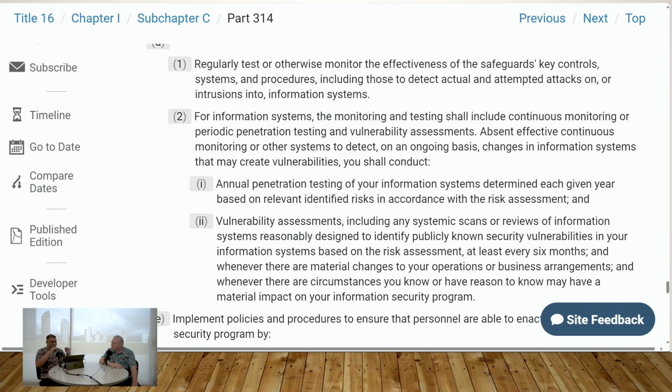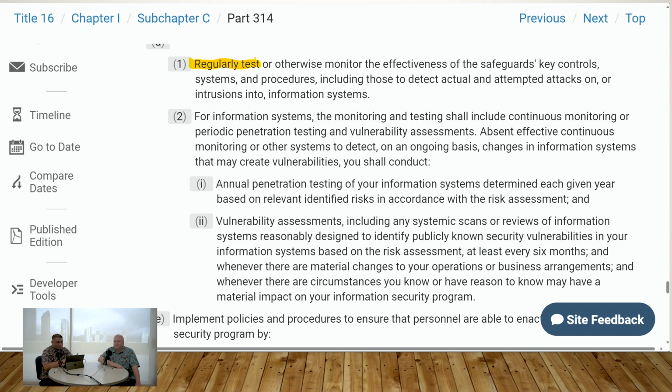So let's pause back a bit. What we'll do is I'll go ahead and highlight some things in here that would hopefully help us navigate this specific compliance. The first word there is you have to regularly perform tests, right?